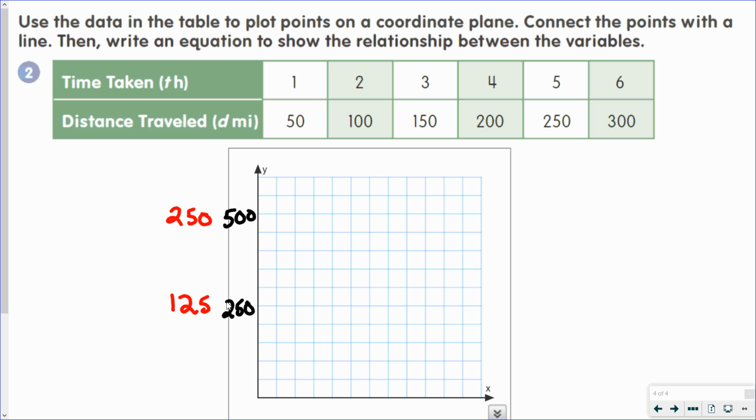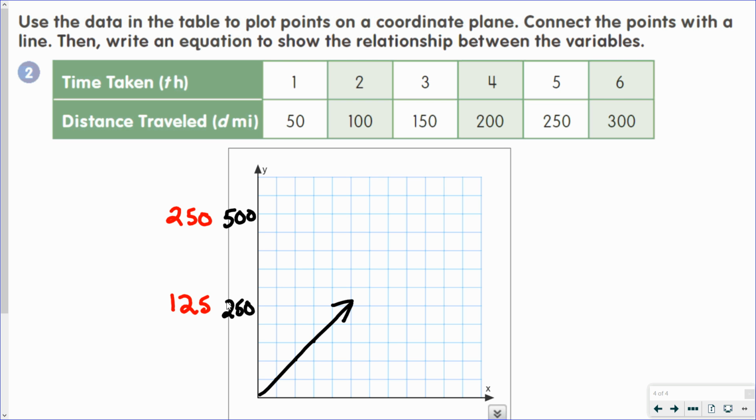So let's say you went up by 50s. Well, to plot 1, 50, you go to the right 1 and up 1, because you're going up by 50. For 2, 100, you go to the right 2 and up 2, and then go 3 and 3 to get to 150, and you draw your line. Let's say you went up by 25.